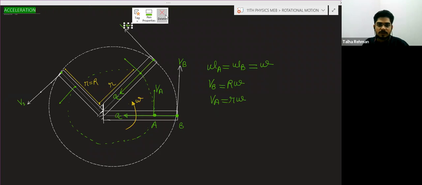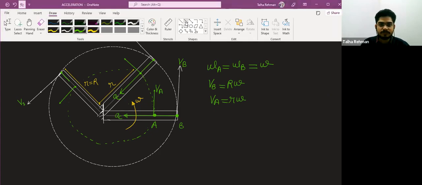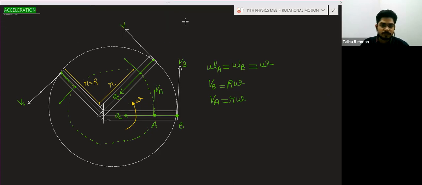Suppose this speed is v. So at this point also there will be centripetal acceleration. Okay, so we will analyze particles.